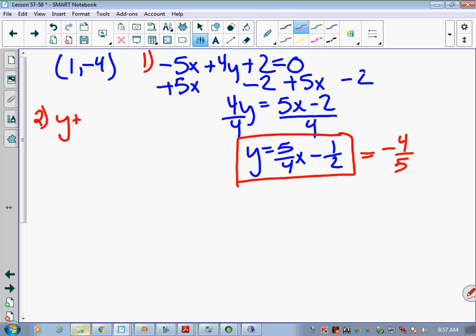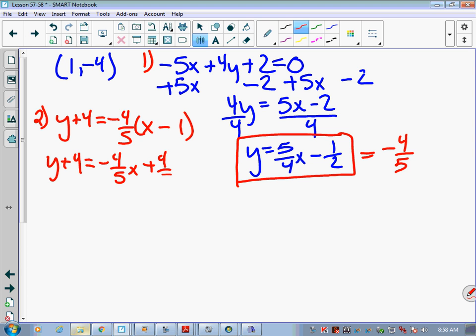Okay, so I'm going to write that as y plus 4 equals -4/5 times x minus 1. So y plus 4 equals -4/5 x plus 4/5. Okay, now what? Minus 4. -4.